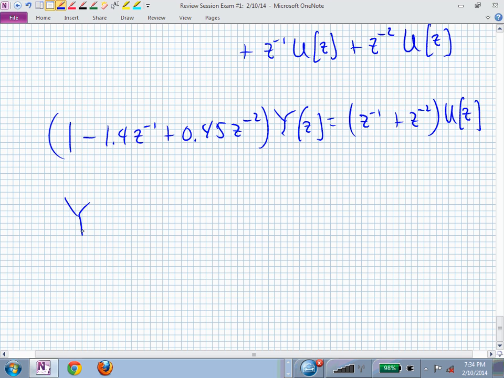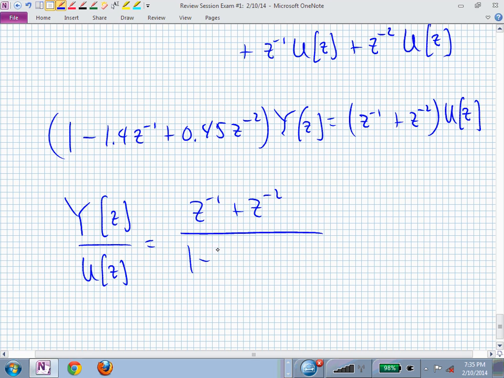And now we can simply compute y of z over u of z, which is now, in the numerator, z to the minus 1 plus z to the minus 2, over 1 minus 1.4 z to the minus 1 and so on.